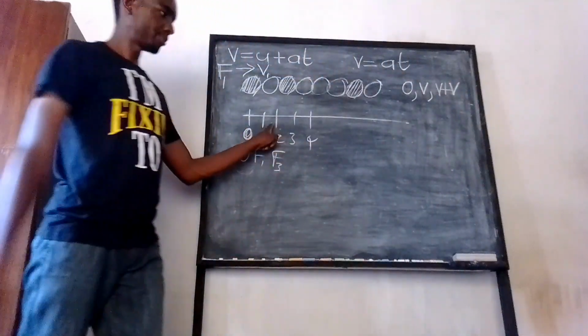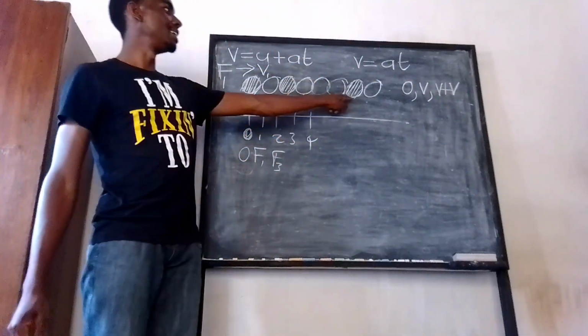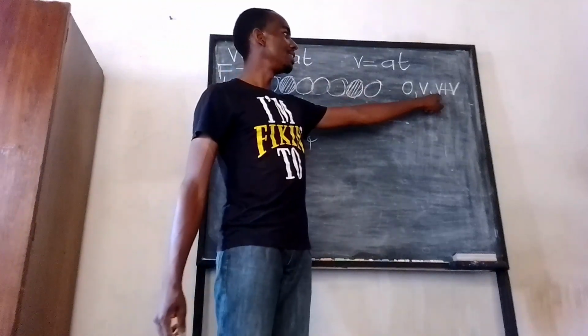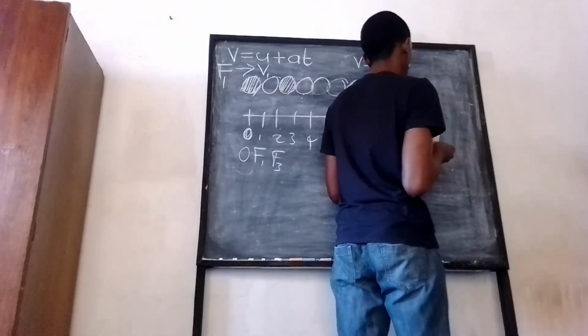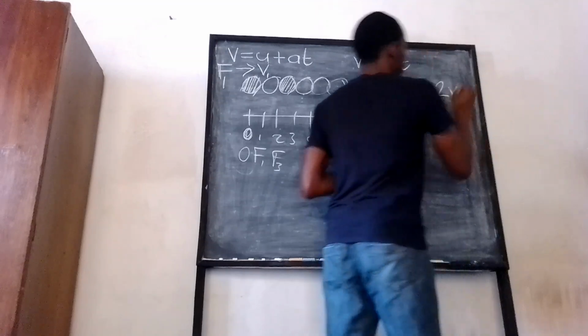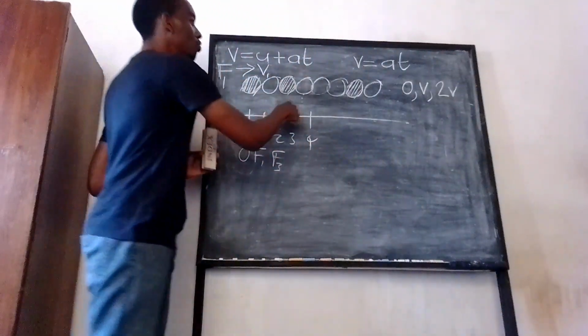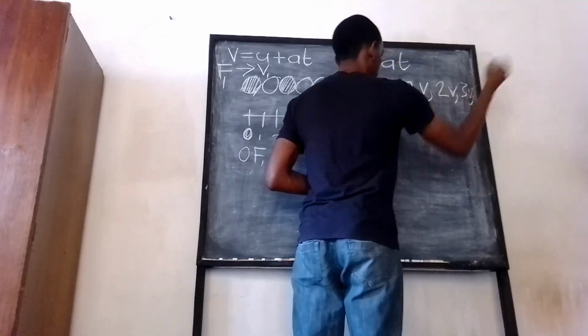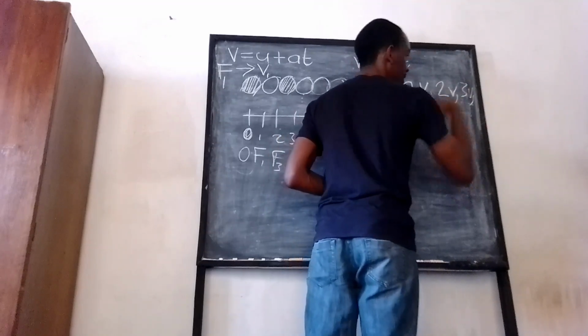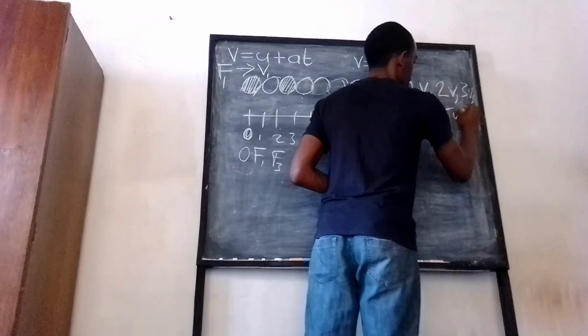In this instant, the velocity is v plus v, which is really 2v. And as we move forward, we'll get 3v, 4v, 5v, and so on.